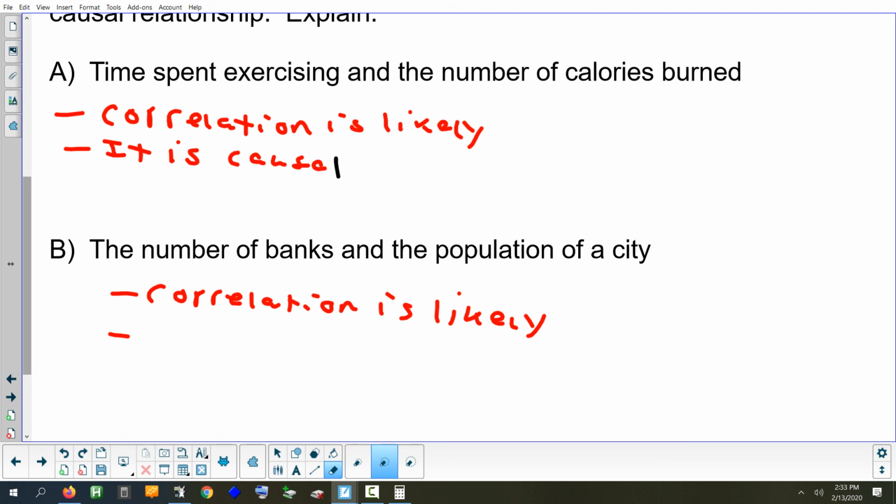It's not automatic. So I'm just going to say not causal. Connection? Probably. Think of Boston. Big city, probably more banks than like Ashburnham. Small town, less banks. But just because you build a new bank doesn't automatically mean the population goes up. It doesn't work that way.